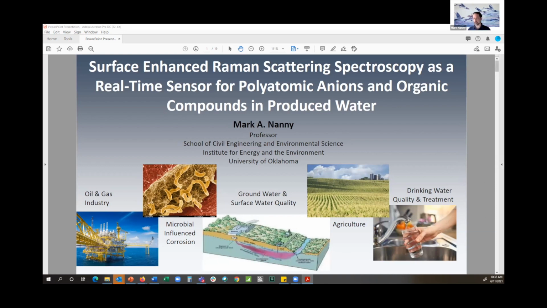And today I'm going to talk about our first step toward this technology, using surface-enhanced Raman scattering spectroscopy as a tool for a real-time sensor. And I'm going to focus on some polyatomic anions and organic compounds in water. But it has applications to all areas that utilize water.